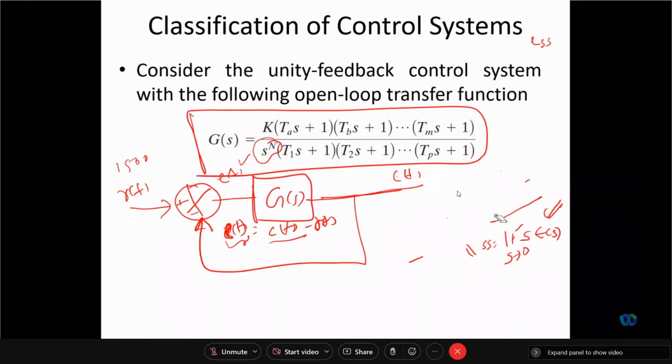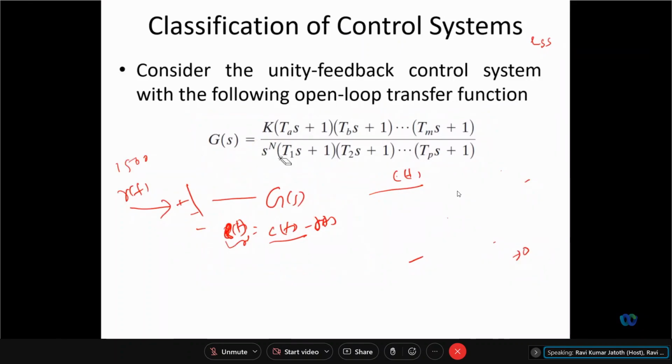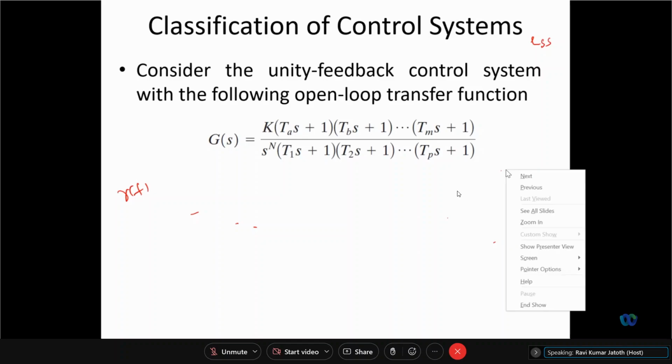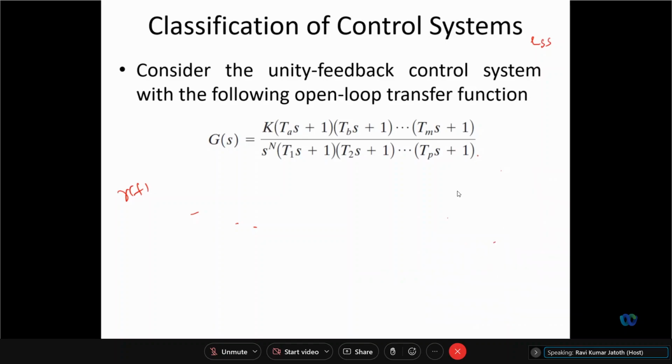Yes, sir. Now here we have another form, which is s to the power n, which we call the type of a system. So here we will be using two terms. One is called the order of the system, and another one is called the type of the system.